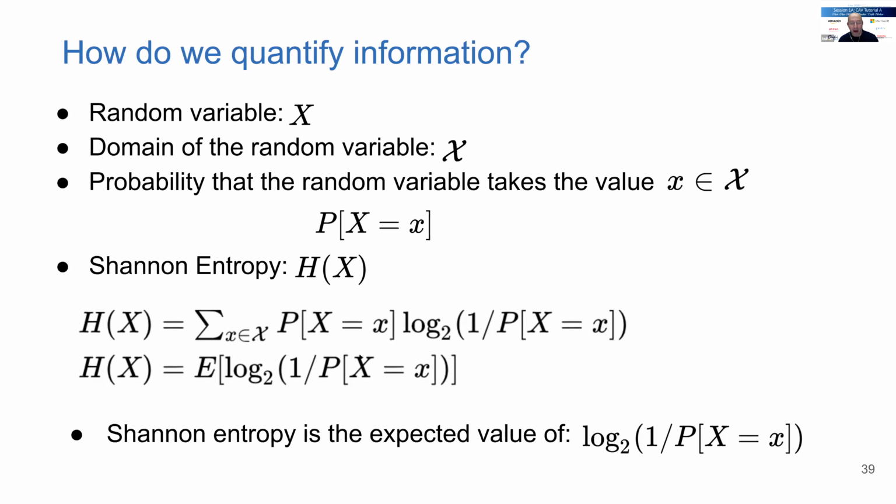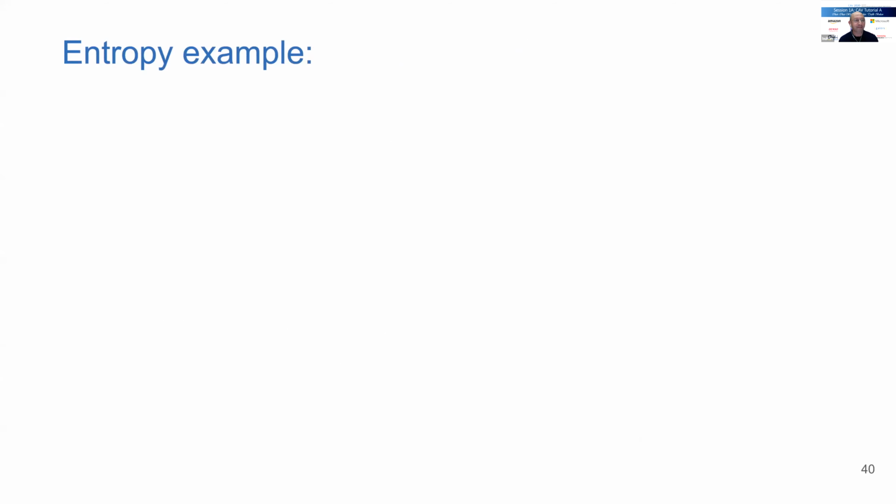This part is the amount of surprise, the amount of information you get by seeing the random variable take a value. If it's a very rare value, you are surprised a lot. But then you take the log of it, so you're expressing it in terms of number of bits, and you take the expected value. That's my intuitive explanation of what this is, but let's do an example.